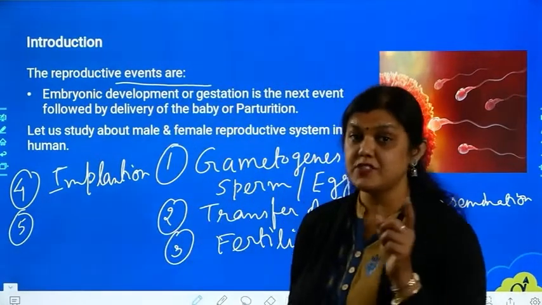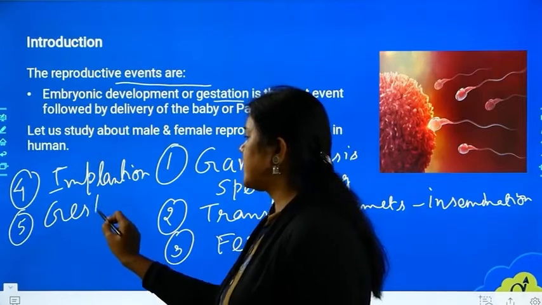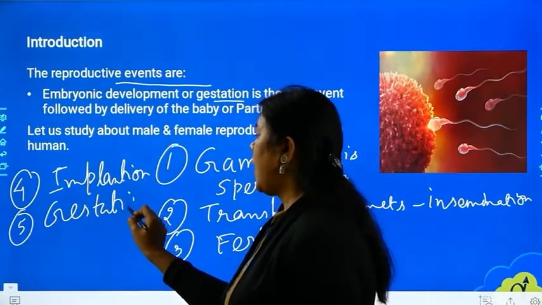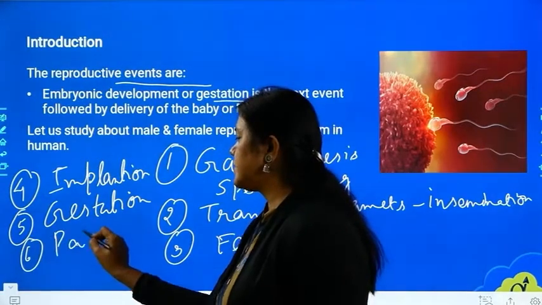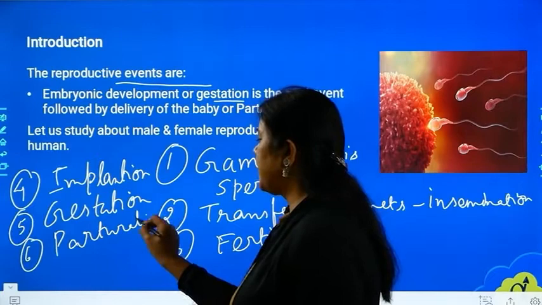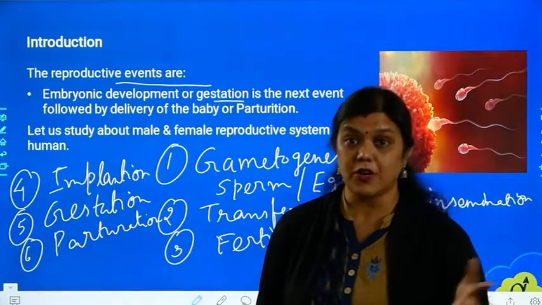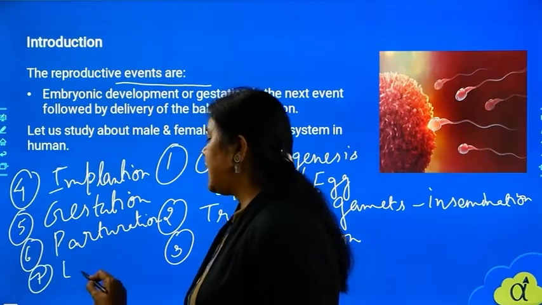After implantation is gestation, that is development. After gestation, it is followed by parturition. Parturition is nothing but giving birth to the child. And we have the seventh one, lactation.